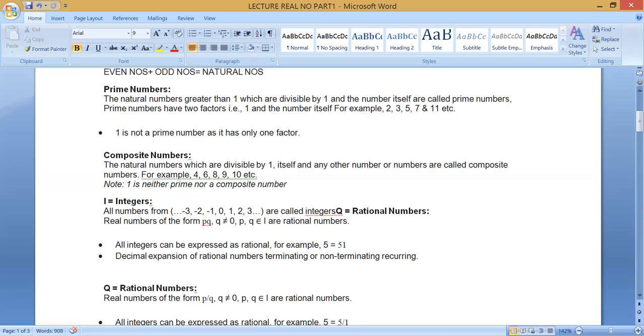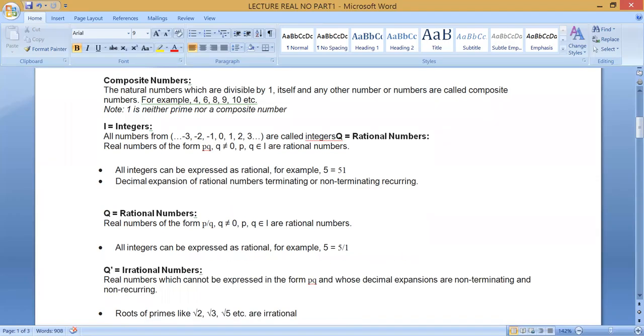Now after composite numbers, we have integers. Very important thing, integers. Integers are represented by I. All numbers such as dot dot, -3, -2, -1, 0, 1, 2, 3 and so on are called integers.